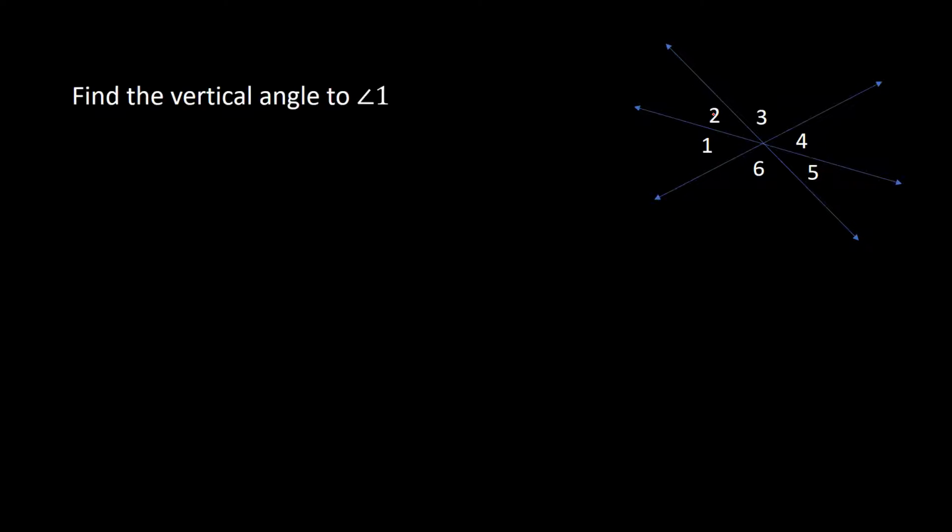So if I said find the vertical angle to angle 1, looking right here at angle 1, and this is actually a helpful technique to figure out the vertical angle, to make sure you don't have the wrong one. If you were to extend this ray right there, and extend this ray right here, notice angle 4 is what we've just created. So angle 4 would be the vertical angle to angle 1.